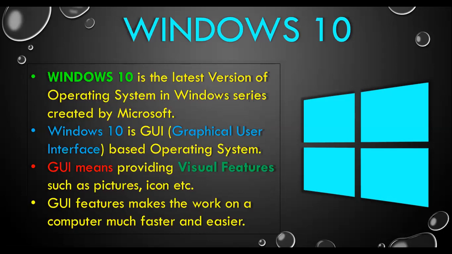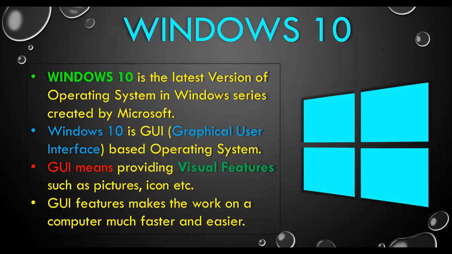Graphical means picture, user means the person who is using the computer, and interface means a medium which connects the user to the hardware. So these pictures and icons are connecting you with the operating system and the hardware. You use those icons and pictures for doing work on the computer, and that is what graphical user interface means. GUI features make the work on a computer much faster and easier.